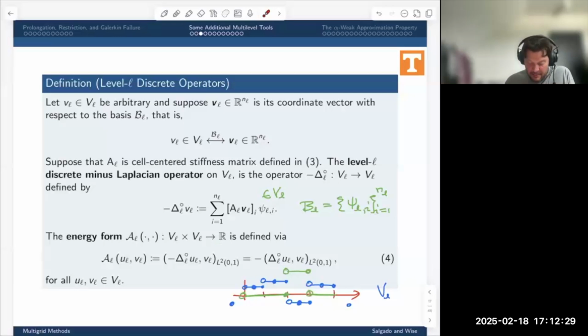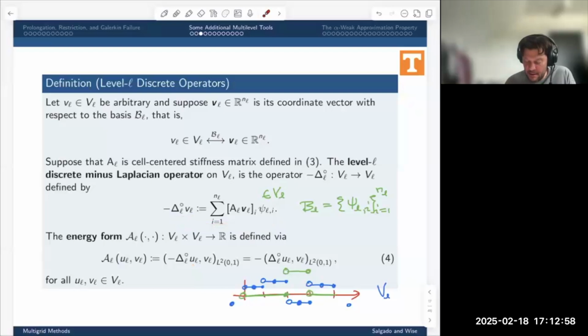So the bilinear form has to be defined for any UL and VL in VL. So this guy is in general different from the first object that I put in. The bilinear form is different than the second one, but I should be able to turn the crank and get some real number. So here's how I'm going to do it. Whatever is the first object, UL, I'm going to apply this operator, which I just defined.